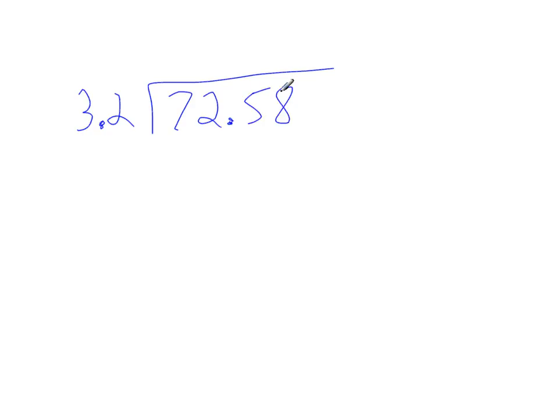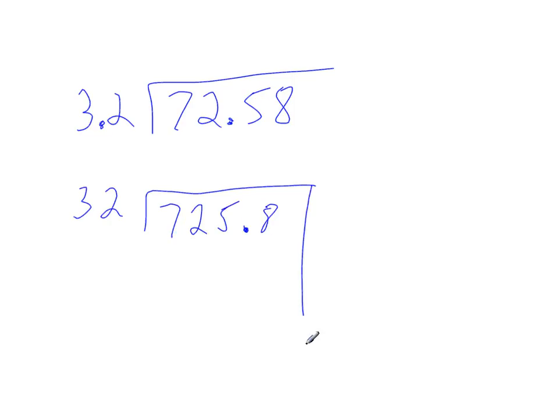Again, we can't do this question because the divisor has a decimal, but we can do one that's 10 times bigger. The question that's 10 times bigger will have the same answer, and it will look like this. 32 divided into 725.8. I'm going to see how many times I can subtract 32 from 725.8.